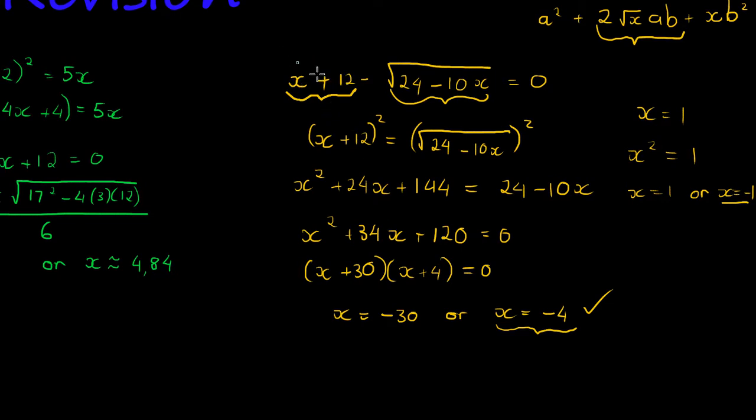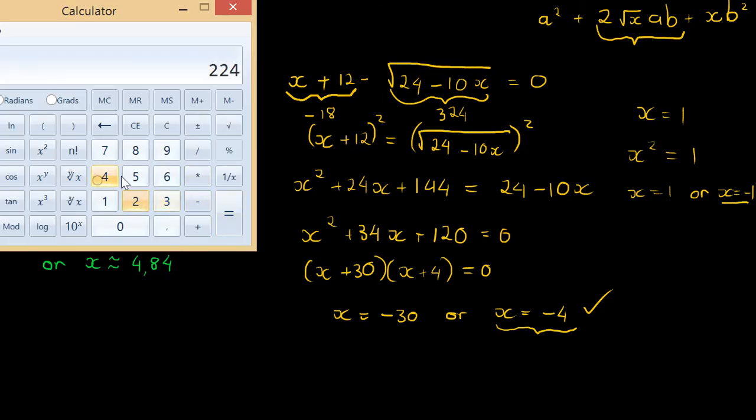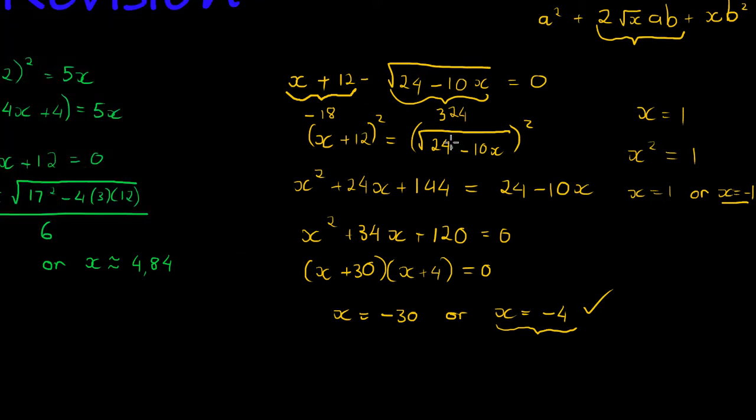But this one, notice what happens when I put this one in. Negative 30 plus 12 gives me negative 18. On this side, 24 plus 10 times 30. Okay, 324. The square root of that is positive 18.